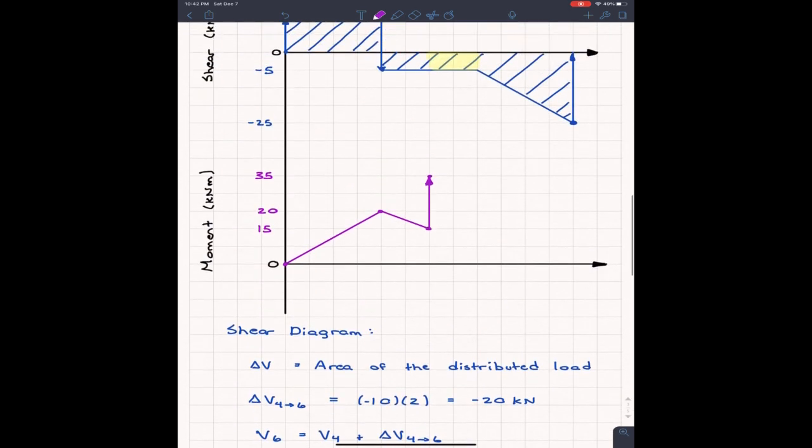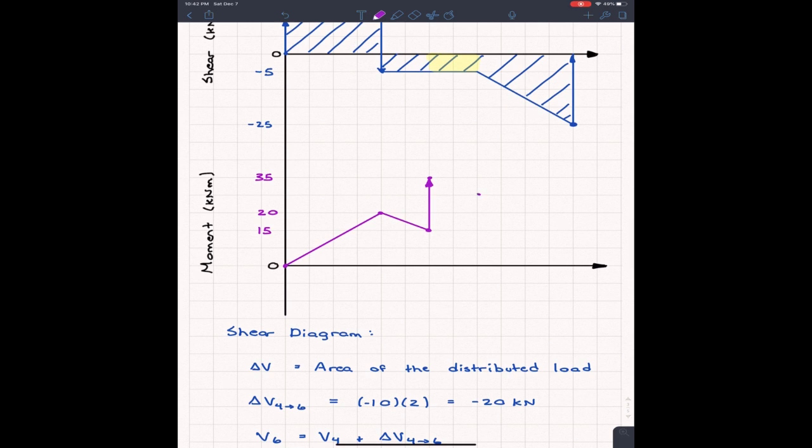So our moment between these 2 points is going to drop by 5 kilonewtons. If we're at 35, we're dropping by 5, we go down to 30. And if we look at our shear, it's nice and constant, so our moment must be linear. If shear is constant, moment must be linear.